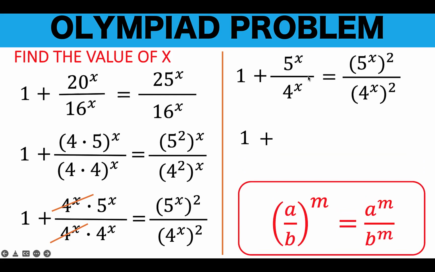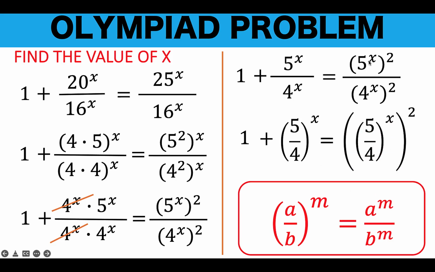This 5 raised to x over 4 raised to x is now written as a fraction 5 over 4 all raised to x, applying this property, and do the same thing at the right side. This 5 raised to x over 4 raised to x is now written as 5 over 4 raised to x, and applying the same property the second time, we now have this exponent outside.